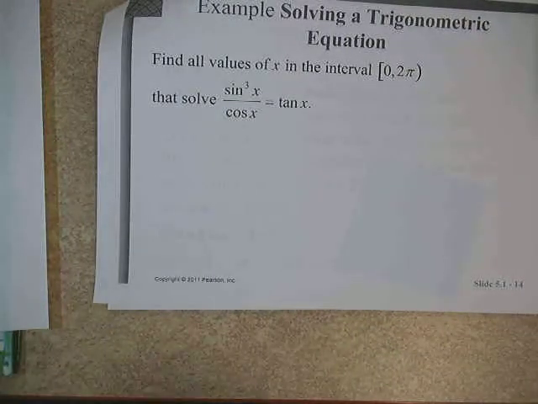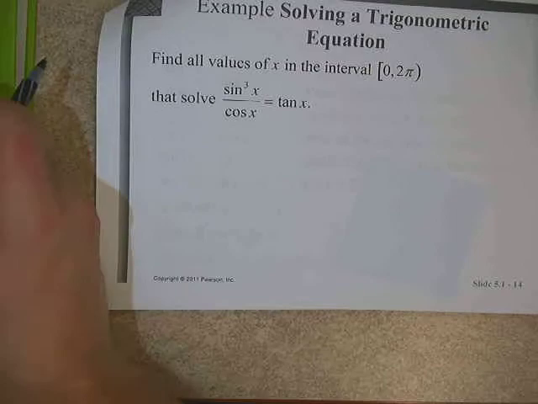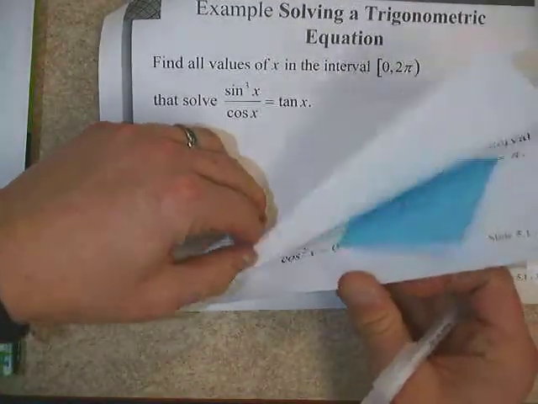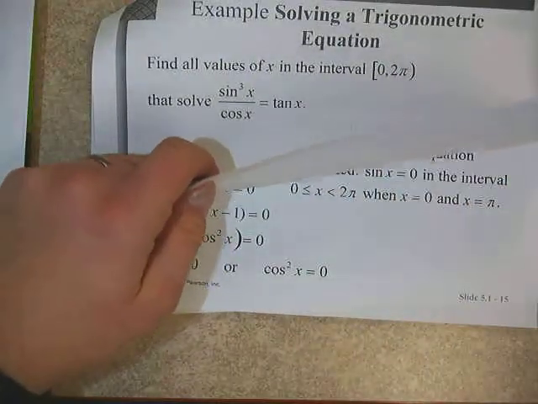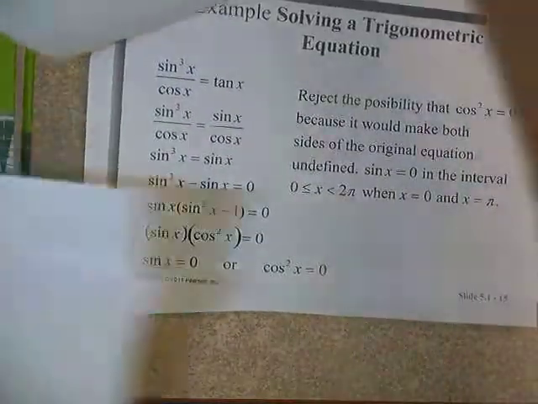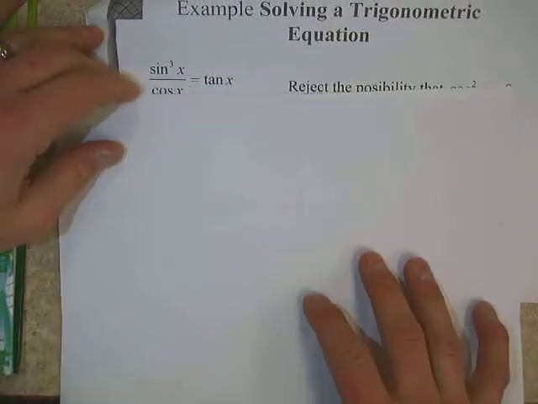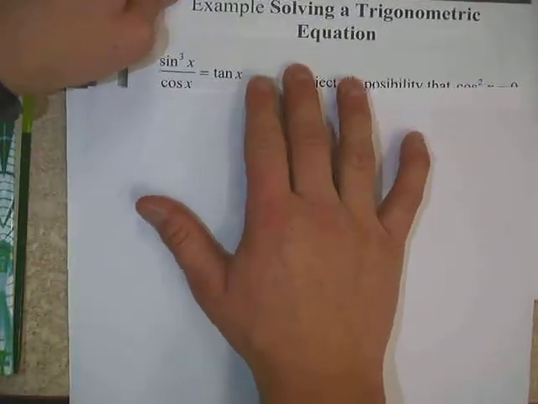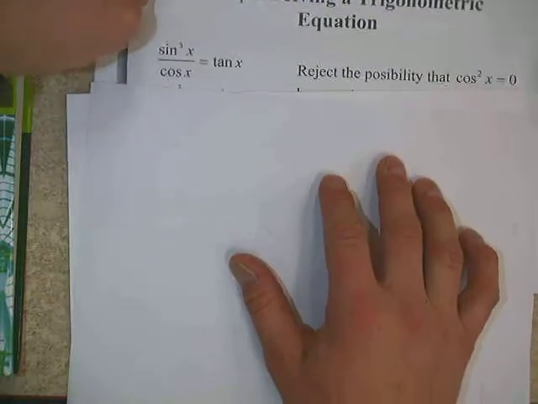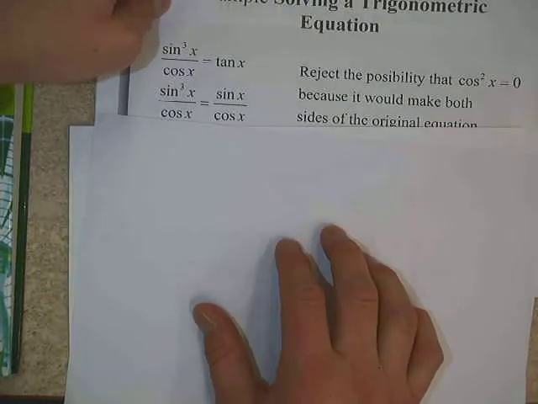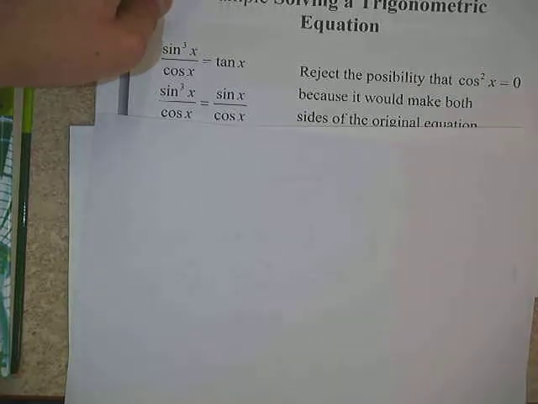Next I want to look at this one, which says find all the values between 0 and 2 pi that solve this equation. Part of our work is going to be doing some equation solving as well. All right, so I want you to see the steps here of solving this equation. We have sine cubed over cosine equals tangent.